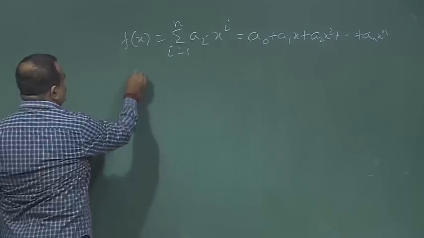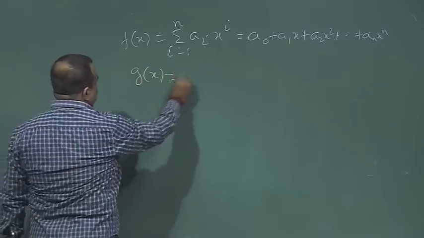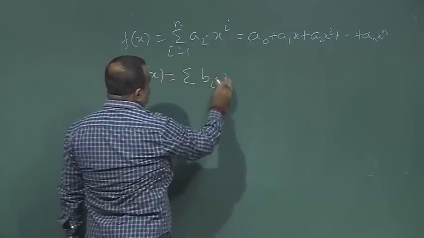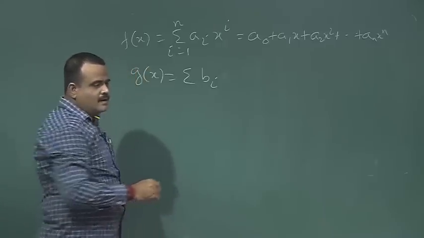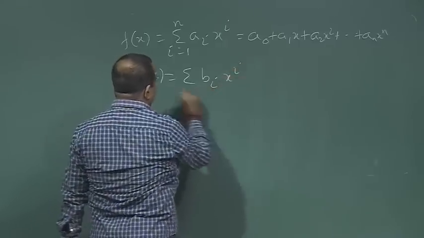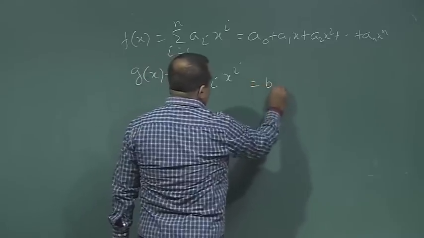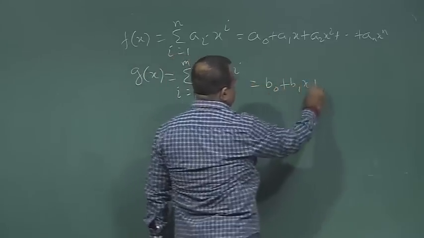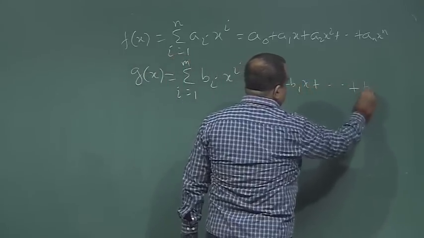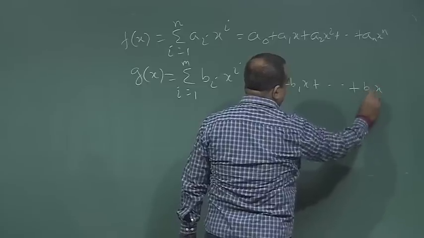Then we have another polynomial g(x), which is the summation of b_i x^i, i equal to 0 to m. So, this is basically b0 plus b1 x plus up to bm x to the power m.